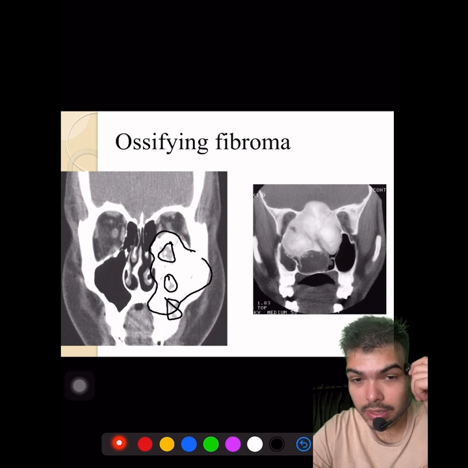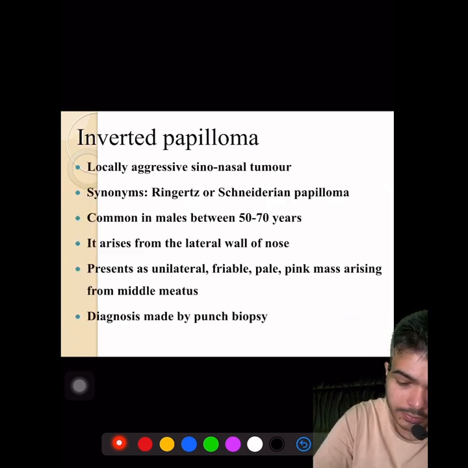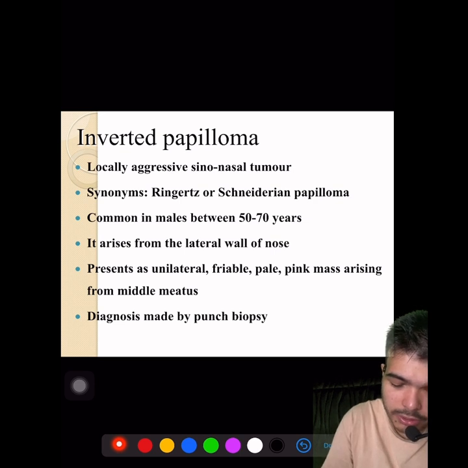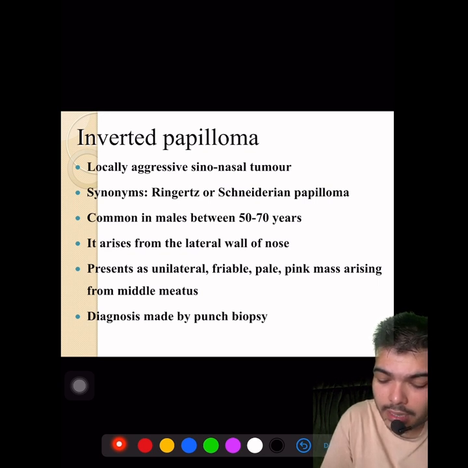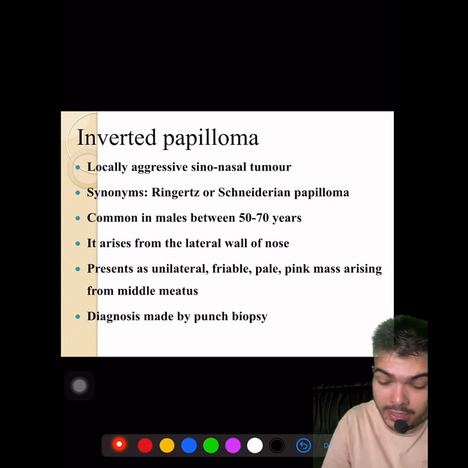So, inverted papilloma, also known as Ringertz or Schneiderian papilloma, is a locally aggressive tumor and highly recurrent. After you go for excision, there might again be recurrence. It is a locally aggressive sinonasal tumor, common in males between 50 to 70 years.